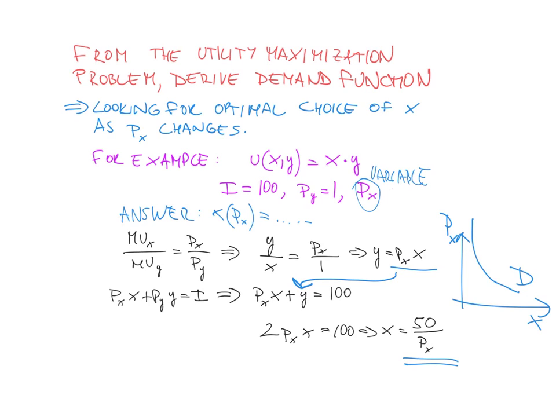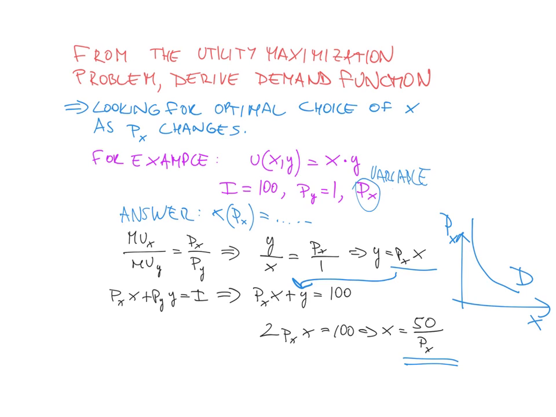Okay, so tell us why. It's almost like you will get 3px equal to 100. Which means the 50 is going to be less. The number over px is going to be less, so the curve goes down. Do you all agree?